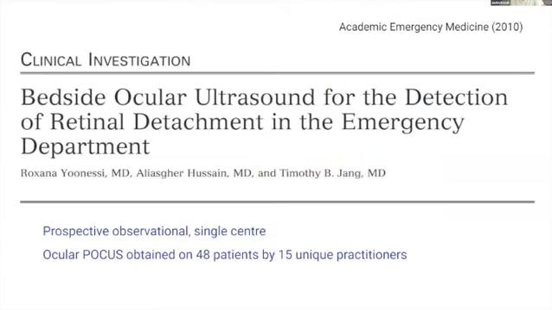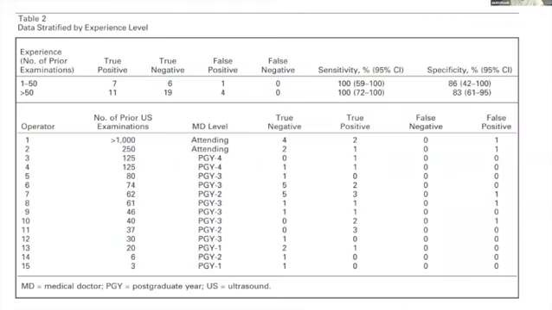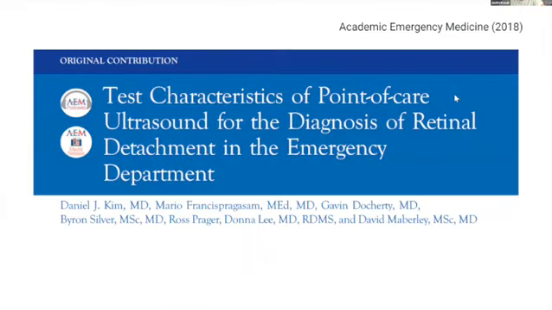Another study by Useni et al. around the same time obtained 48 patients by 15 unique practitioners. And you can see that at least some of the attendings had way more experience with POCUS, but they also have very high sensitivity and specificity for both cases. Another study here by Kim et al. has slightly different results.